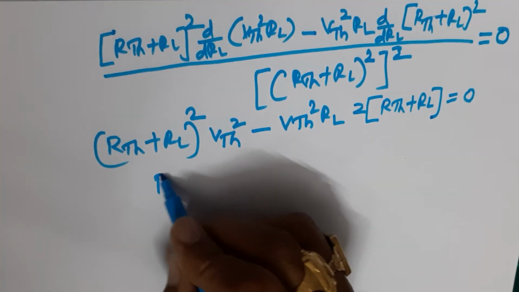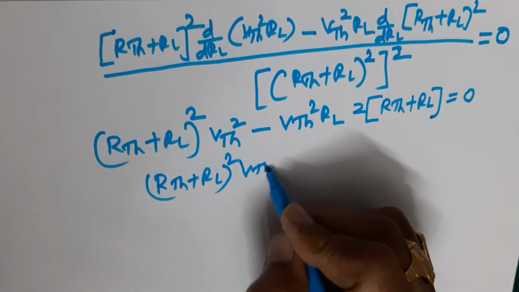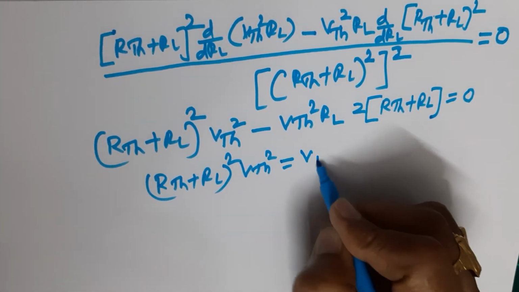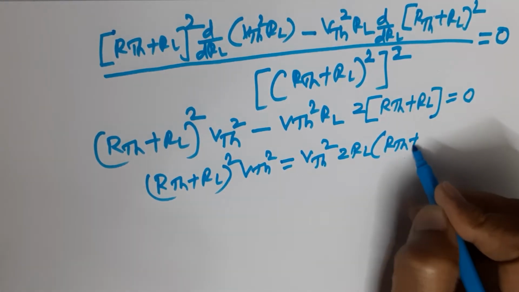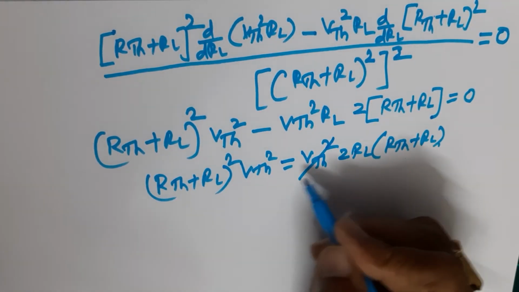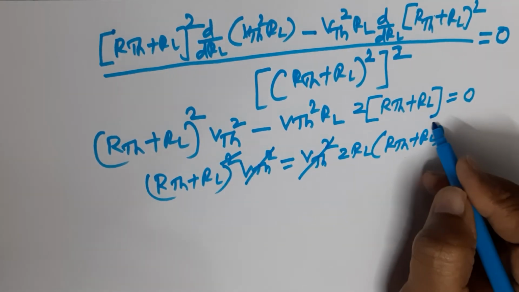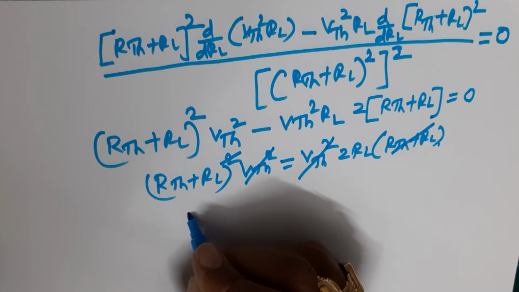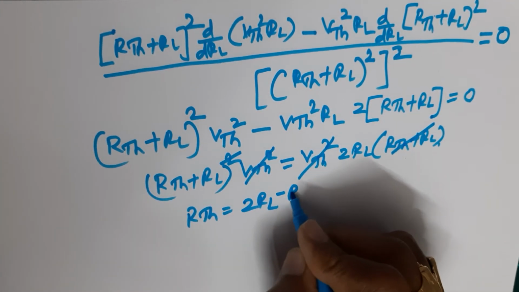Therefore what we get is (RTH + RL)² VTH² equal to VTH² 2RL (RTH + RL). So VTH² will get cancelled, then the square and this term will get cancelled. Therefore RTH equals 2RL minus RL.